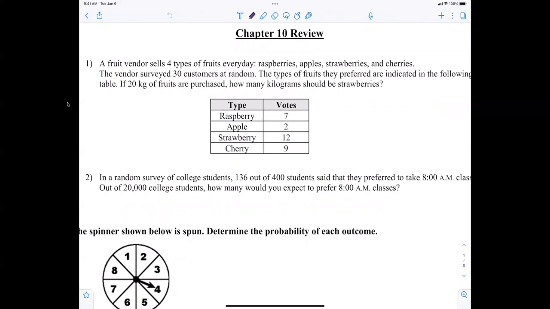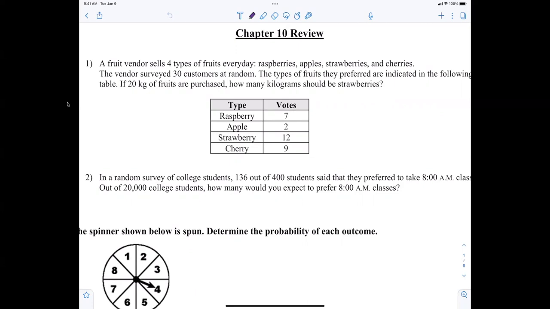Well, it's all based off of the population who voted, right? So if you were going to buy fruit, look at the votes. What would you buy the most of? And then I would probably buy more what?